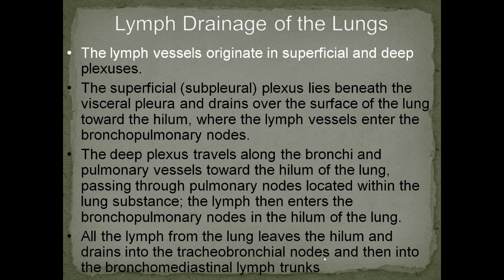The deep plexus travels along the bronchi and pulmonary vessels toward the hilum of the lung, passing through pulmonary nodes located within the lung substance. The lymph then enters the bronchopulmonary nodes in the hilum of the lung. All the lymph from the lung leaves the hilum and drains into the tracheobronchial nodes and then into the bronchomediastinal lymph trunks.